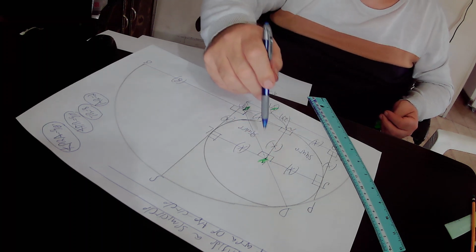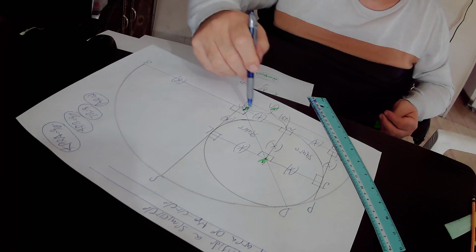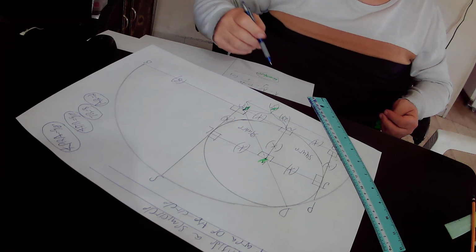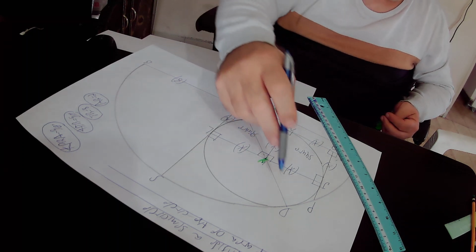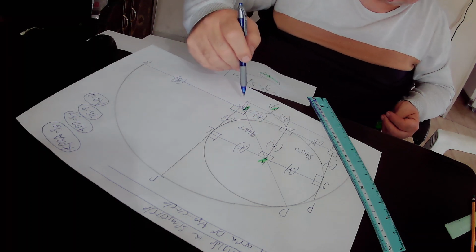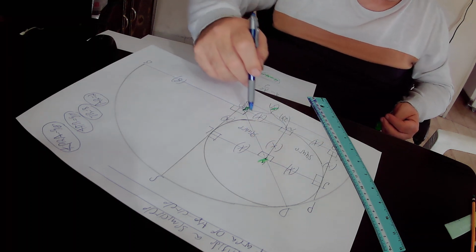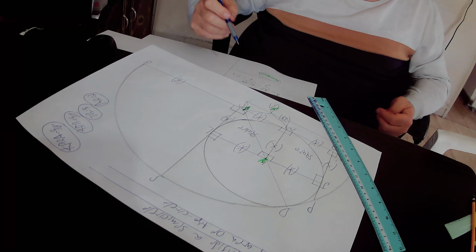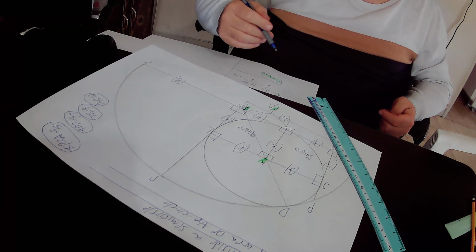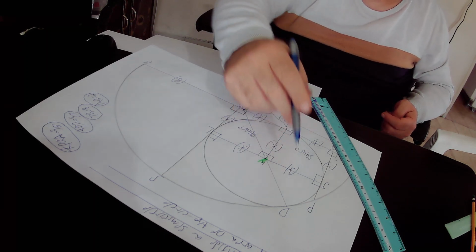HKD is one side line. If HKD is one side line, it means that HD is also a side line. But what is exactly the definition of the side line HD?